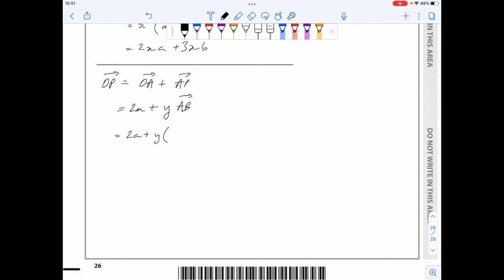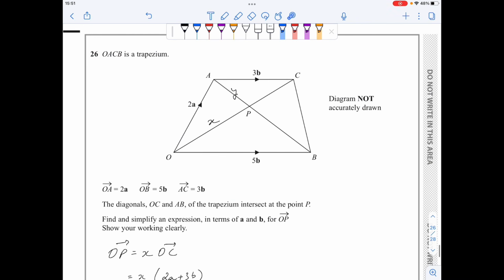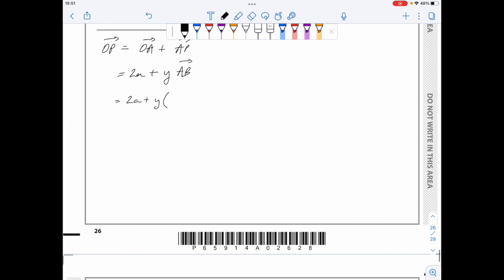And now I can find AB. AB is AO plus OB. So it's minus 2a plus 5b. Let's expand. That's 2a minus 2ya plus 5yb. And if I factorize a in the first two, I get a times (2 minus 2y) plus 5yb.